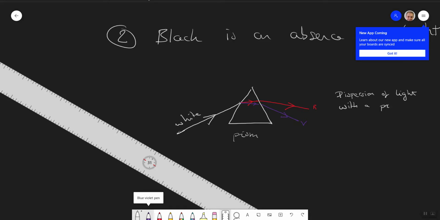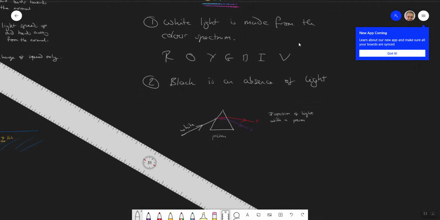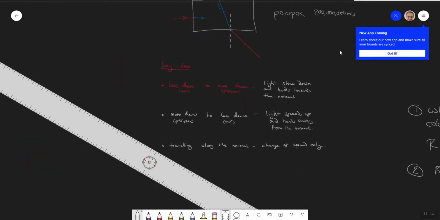With a prism, this is where you see a rainbow on the screen, so you get ROYGBIV: red, orange, yellow, green, blue, indigo, and violet. Red is refracted the least, violet is refracted the most. That's the key idea.